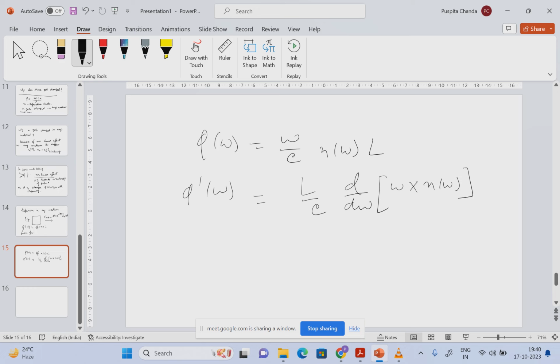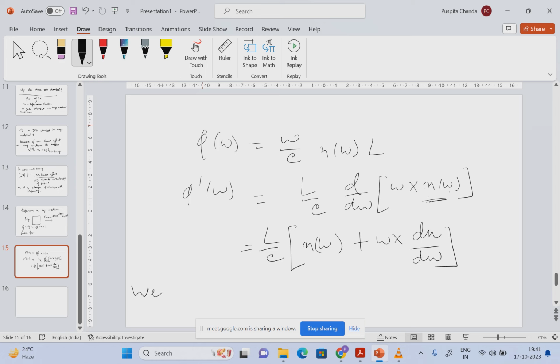I'm writing n as a function of omega so that you remember that when we take the derivative with respect to omega, we need to consider this.